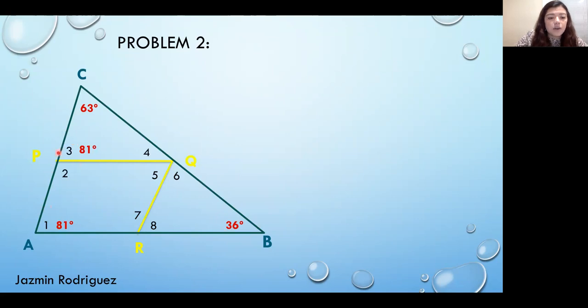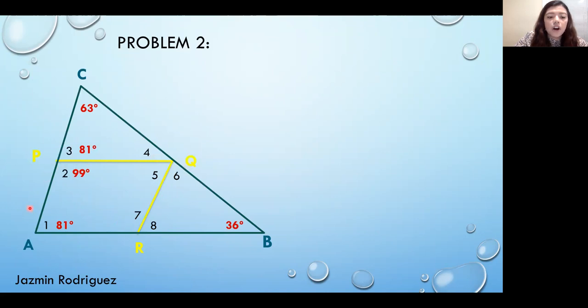Next, we see that on this line here, angle 2 and angle 3 are going to be supplementary. Therefore, supplementary angles have to equal 180 degrees. What is 180 minus 81 degrees? 99 degrees for our measure 2. Now we see, wait, we have a parallelogram. What do we know about parallelograms?